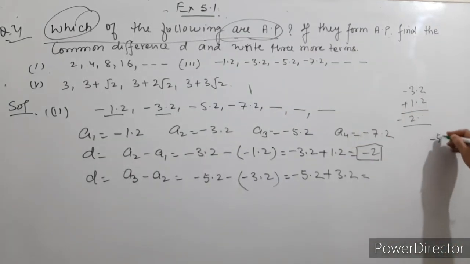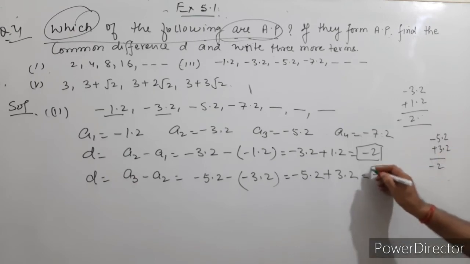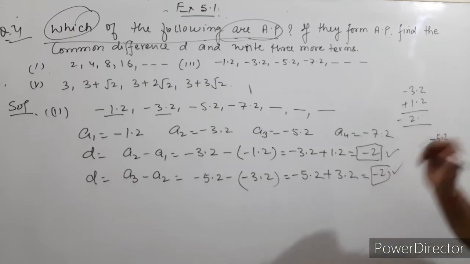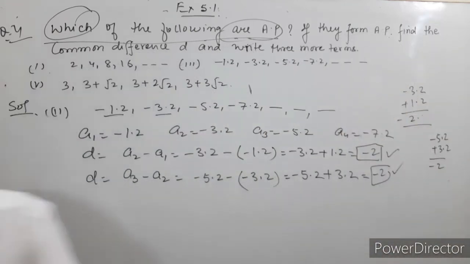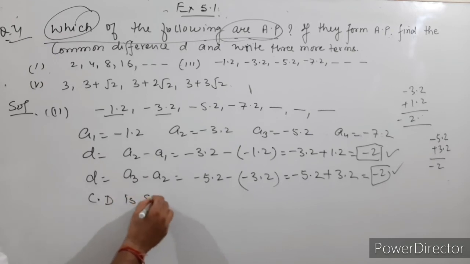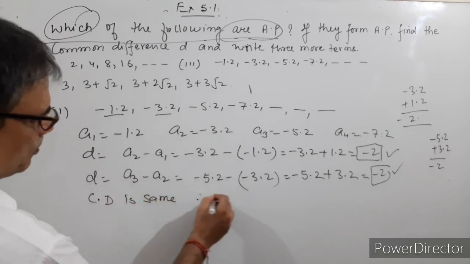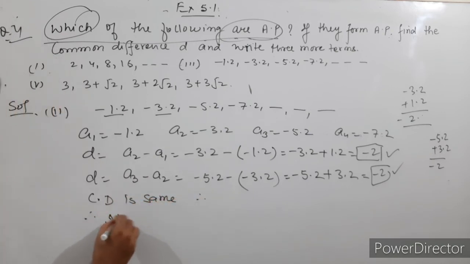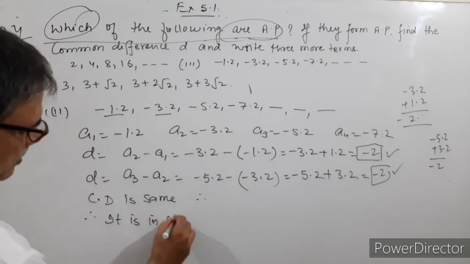Minus 5.2 plus 3.2 means minus 2. Common difference is minus 2. It means it is in AP? Yes. CD is same. Therefore, it is in AP.